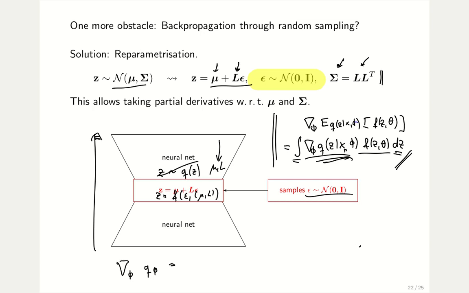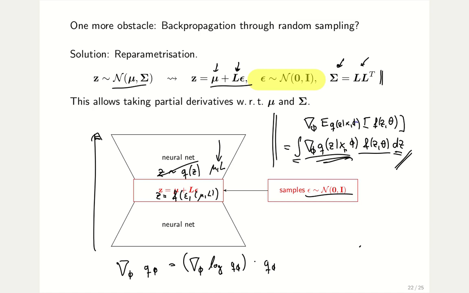Right now I'm claiming that this is the same as taking the derivative of the log likelihood of the very same distribution and then multiplying this with the original distribution. Okay?